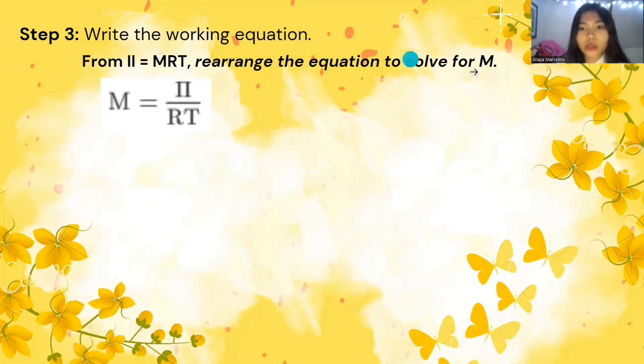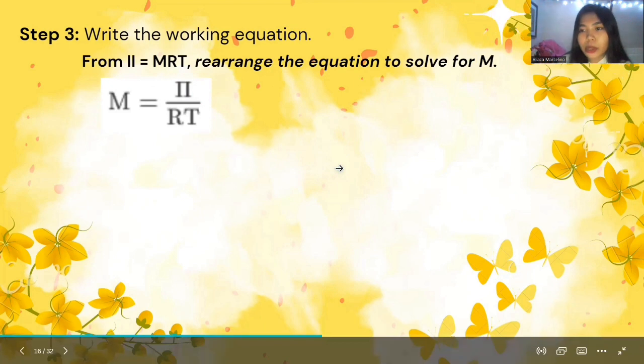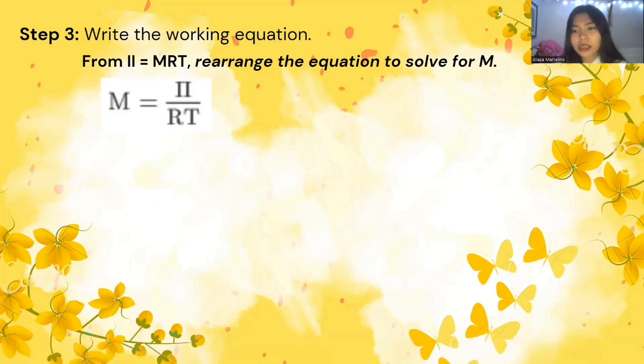Rearrange the equation to solve for M, or the molarity of the solution. So let's rearrange the equation para daw masolve natin ang molarity of the solution, which is letter M. So here's the rearranged equation natin for this problem. This M equals osmotic pressure divided by RT.